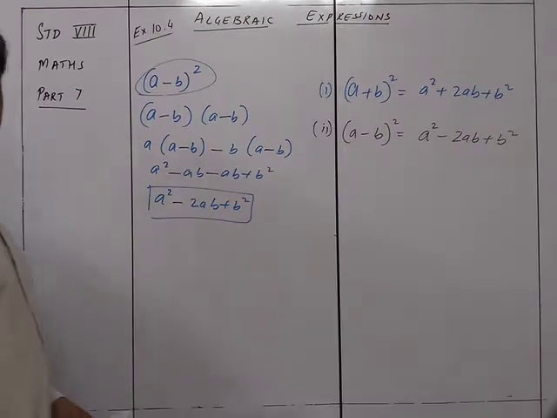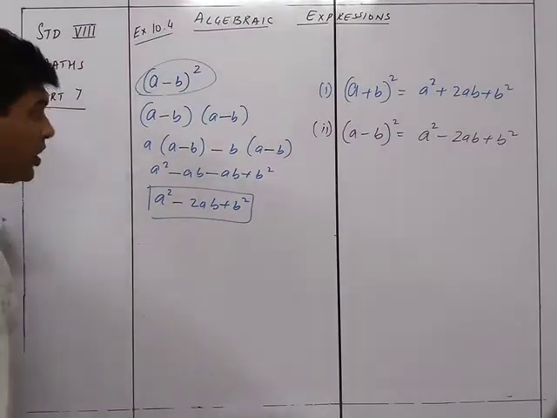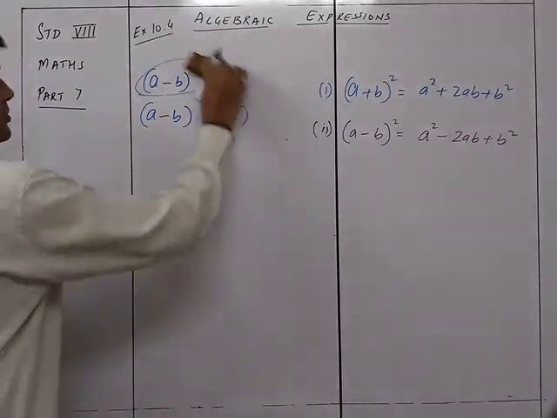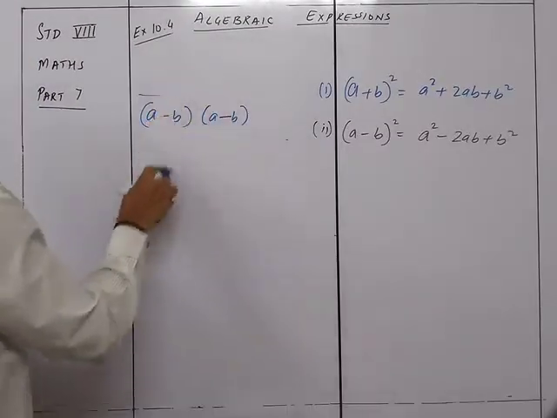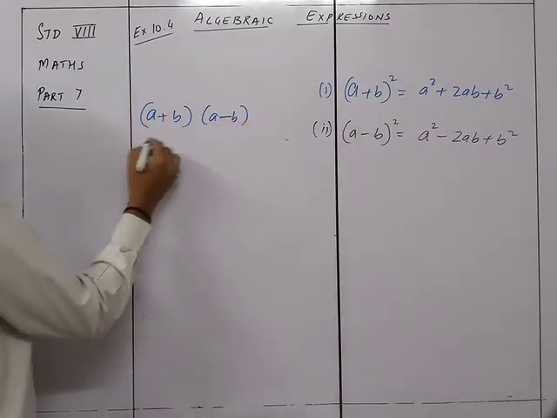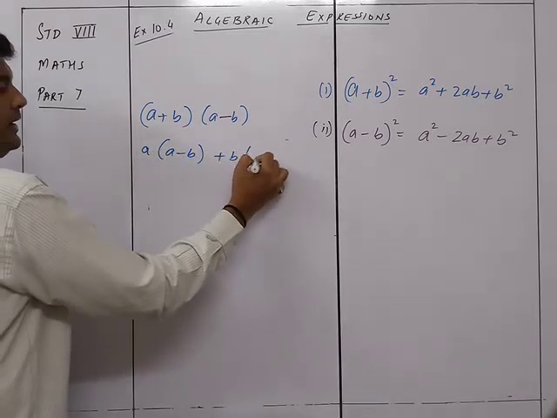Okay, now we come to the third one, which is the combination. Suppose I have a plus b, a minus b, then what happens? It will be a into a minus b plus b into a minus b.